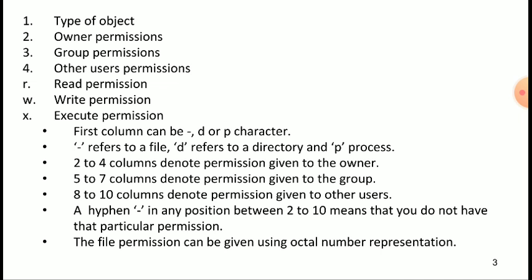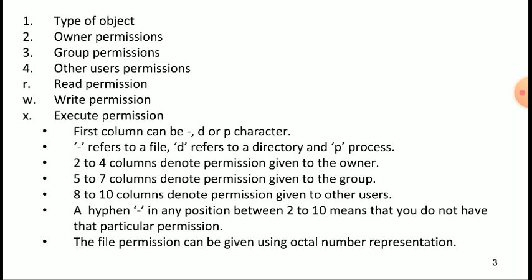The first column can be a hyphen, D or P character. Hyphen refers to a file, D refers to a directory, and P for process. Columns 2 to 4 denote permissions given to the owner. Columns 5 to 7 denote permissions given to the group.